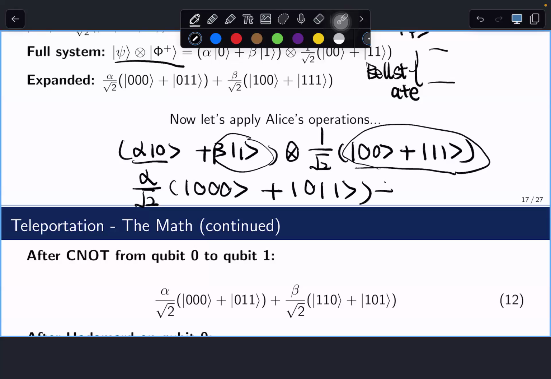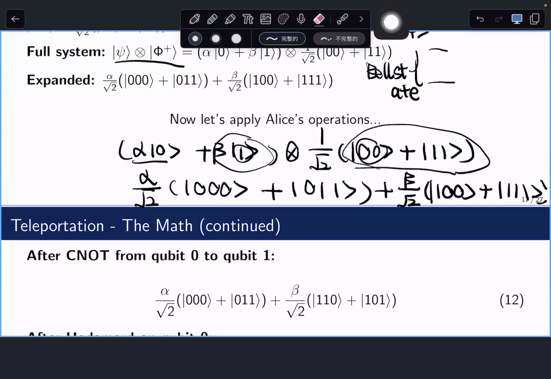So similarly, we then have beta over square root of 2, |100>, because this one combined with this 0. Again, |111>. Which is the same as what we can get in this expanded form.